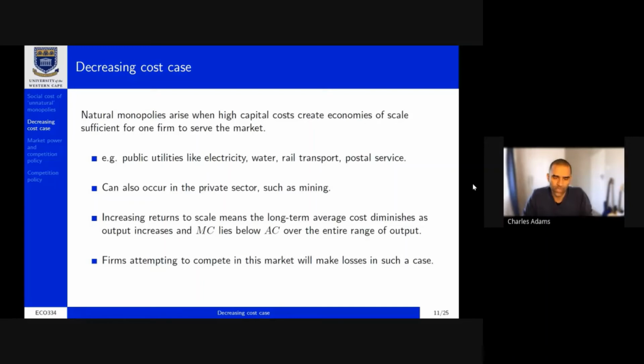Natural monopoly arises typically when you have high capital costs, and these in turn create economies of scale. In such a situation, one firm is sufficient to serve the entire market. Electricity used to be, and in some cases is, an example of this.